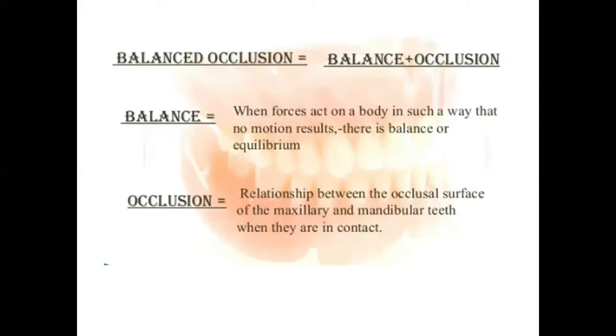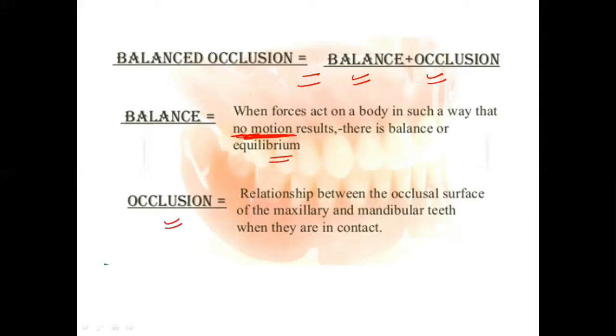First is our balanced occlusion. What do you mean by balanced occlusion? Balanced occlusion is balance plus occlusion. So what is balance? Balance is when the forces act on a body in such a way that no motion results. Just remember this point, no motion results. There is a balance or equilibrium. And what is occlusion?